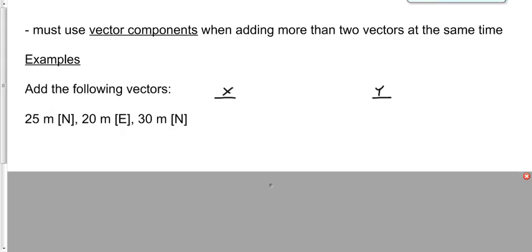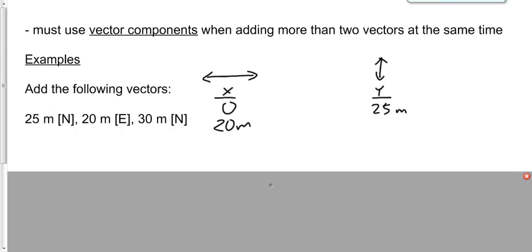I'm going to break it into what I call X and Y components. Everything on this axis, in other words, east-west, is X. Everything on this axis is north-south. So the first vector, 25 meters to the north, has nothing on the x-axis. 25 meters to the north is all y-axis. It's all upwards. So let's write that in here. Now, 20 meters to the east is all x-axis.